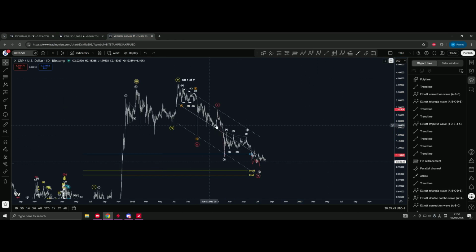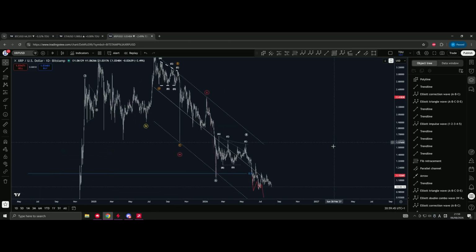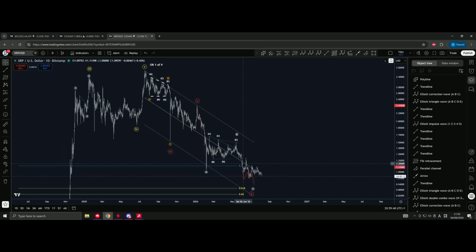The third one is XRP, and a long time ago I guess I drew this triangle here, but I was optimistic that it's gonna last such a long time, short time. Looks like it dragged out. So A, B, C into W, X, whatever this flat is, wave X, and then we have a strong impulsive A, my opinion, descending contracting triangle with a barrier, and then 1, 2, 3, potentially A, B, C, D, E, 4.